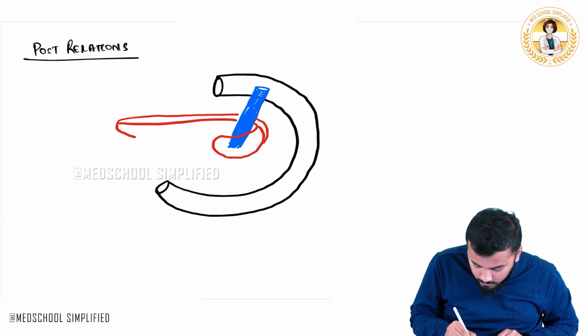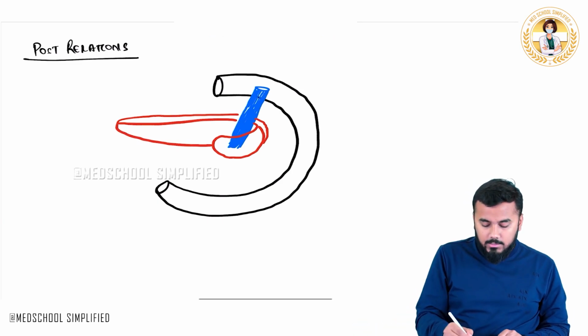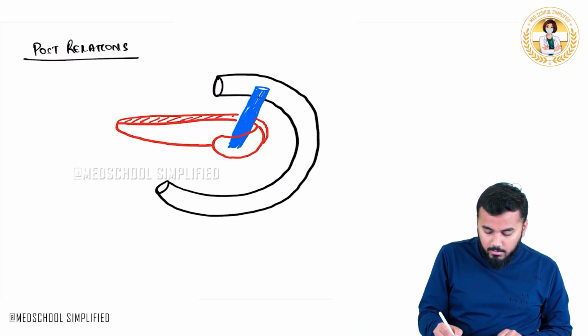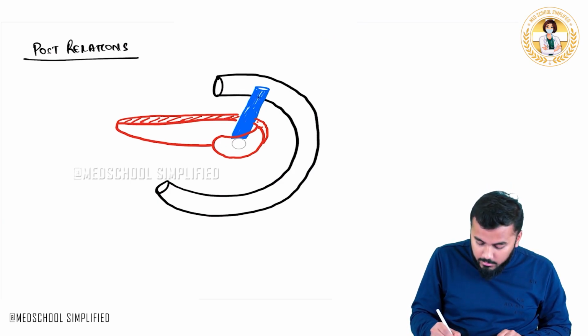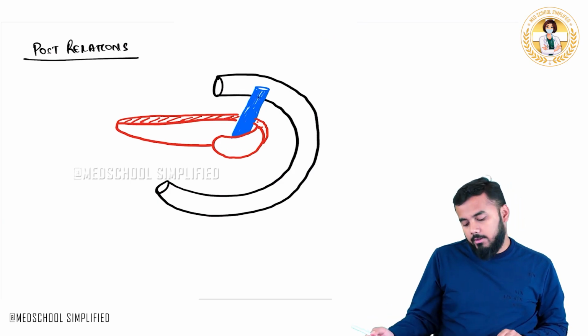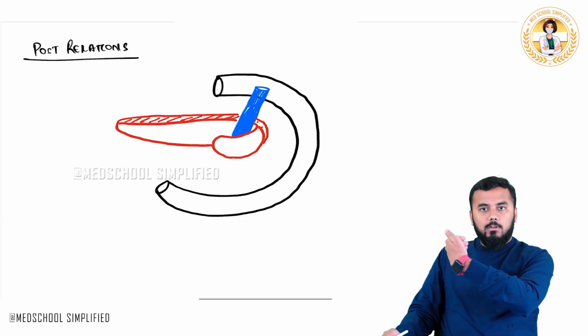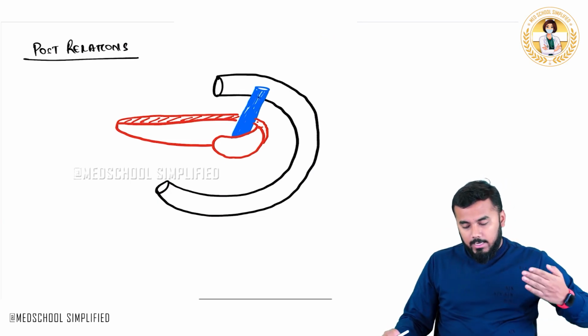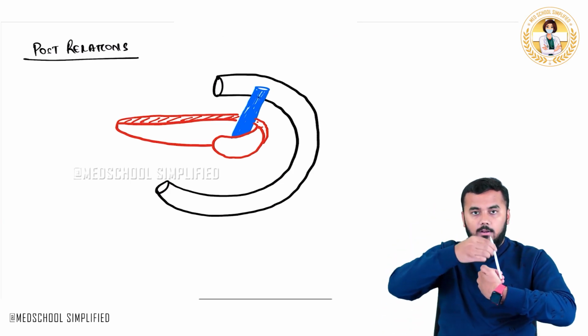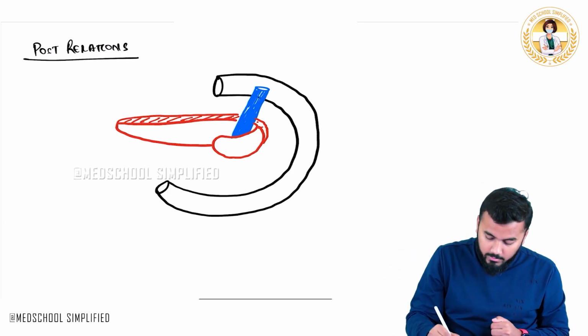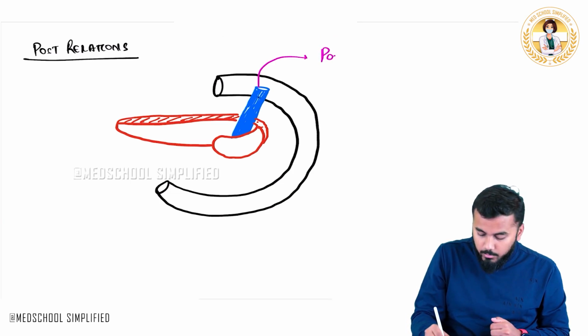This is how the pancreas is looping it. You can see the head of the pancreas is looping, coming like this and taking the portal vein all the way inside. So this is your portal vein over here.